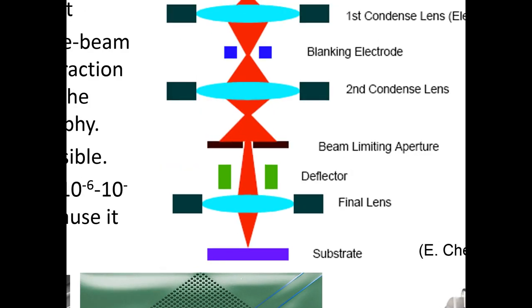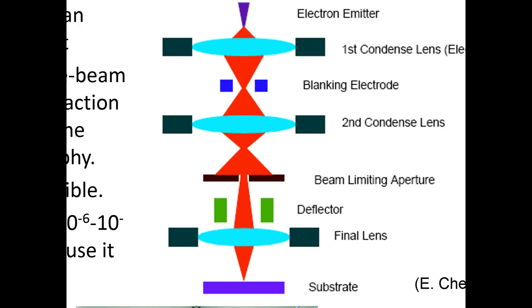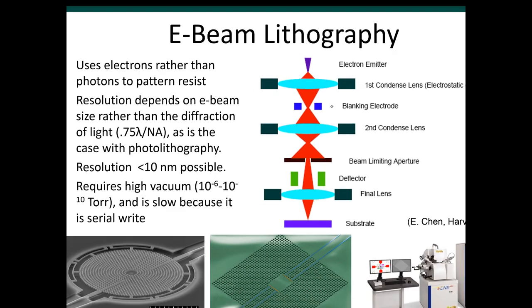And this blanking electrode is controlling whether your beam is on or off. So you're going spot by spot, turning the beam on if you want to expose that pixel, or turning the beam off if you don't. So this is a serial write process. It doesn't require a mask, which is nice. It's a maskless process, but the disadvantage is that since you have to raster scan that beam, it's a slower process.